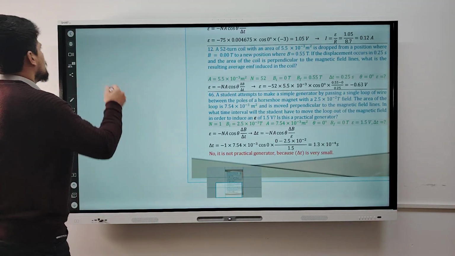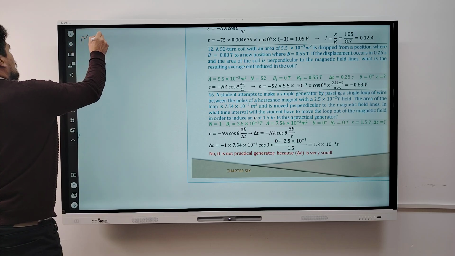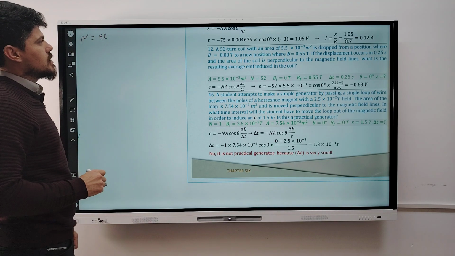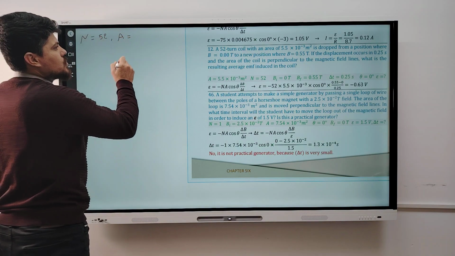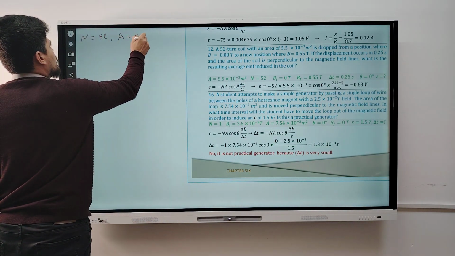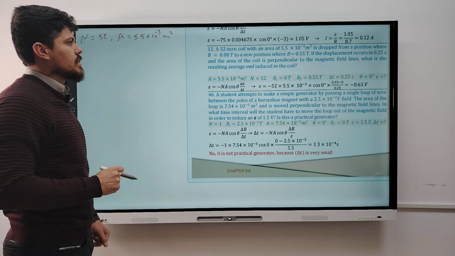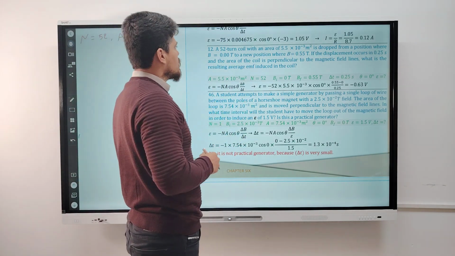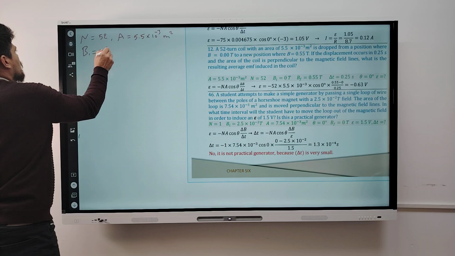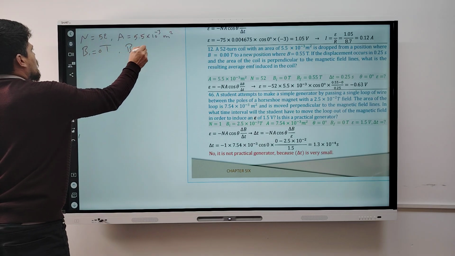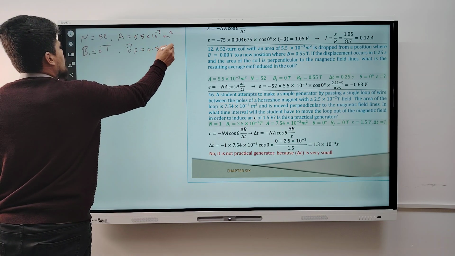52 turns, number of turns. A coil with the area equal to 5.5 times 10 power negative 3 meters square is dropped from a position where B initial, or B1, is 0 Tesla and B final is 0.55 Tesla.